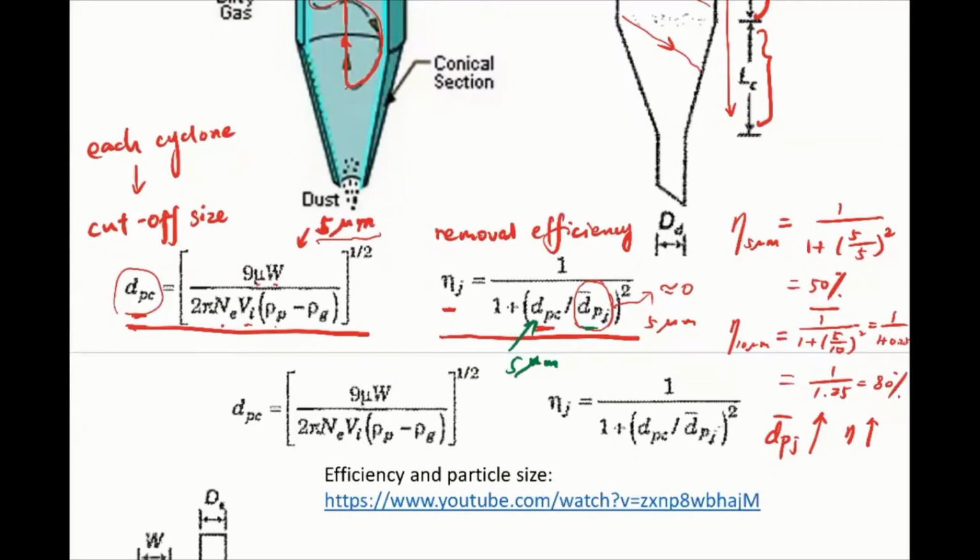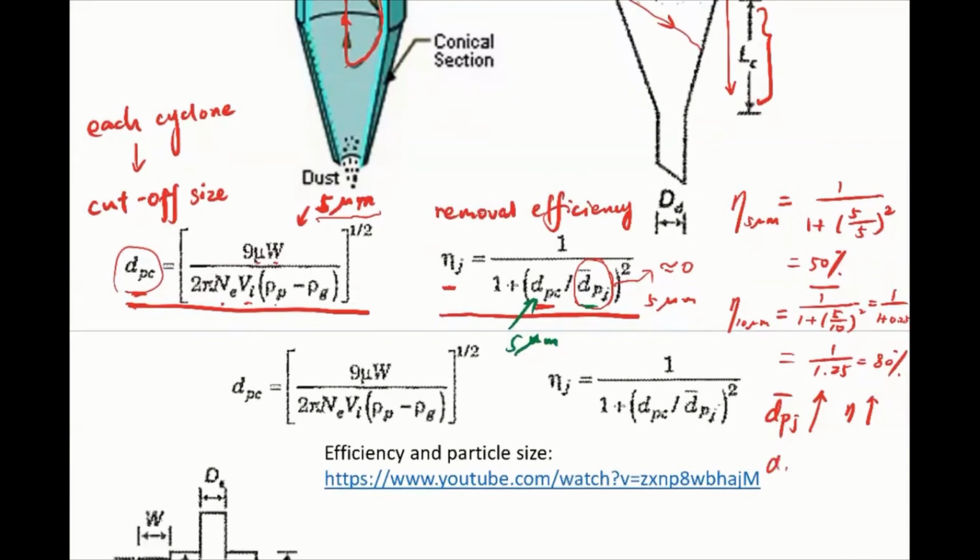But what happens if we talk about very small particles, right? So dp decreases. Let's say the particle is very small, we're talking about a 1 nanometer particle, or even an air molecule. An air molecule is maybe 0.1 nanometer, let's say.